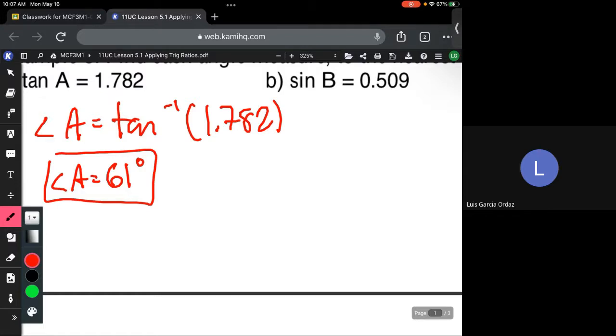I got 30.5. So what did you guys get for the next one for B? 31? If it's 30.5, round up to 31.